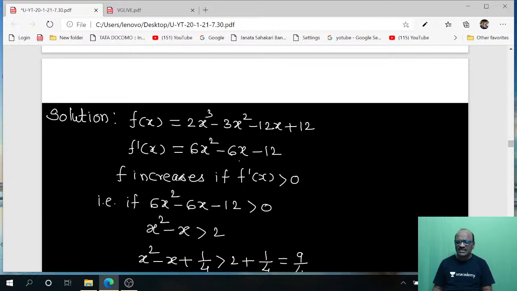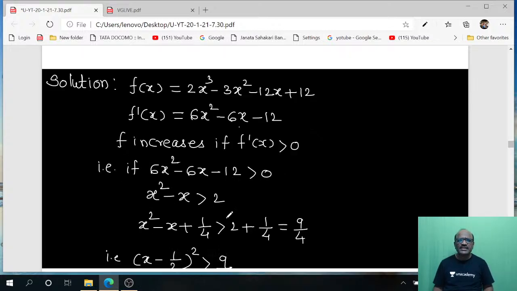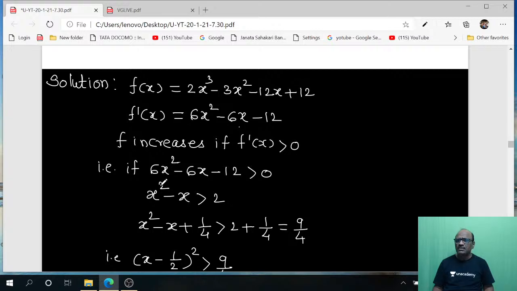F increases if f dash of x is greater than 0. Therefore, 6x square minus 6x minus 12 is greater than 0. And here after simplification, divide the whole inequality by 6. Then you will get x square minus x is greater than 2.